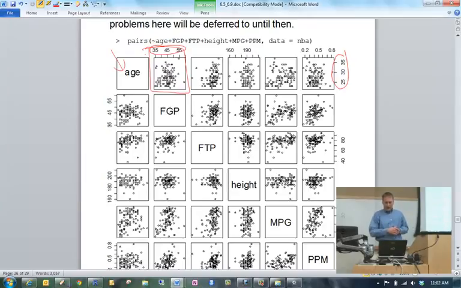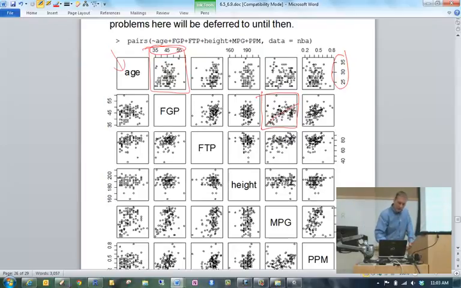Let's take a look at a different one. Maybe we could do field goal percentage and minutes per game. You can see here that, generally speaking, the points fall right around that line, showing a somewhat moderate positive correlation between field goal percentage and minutes per game.